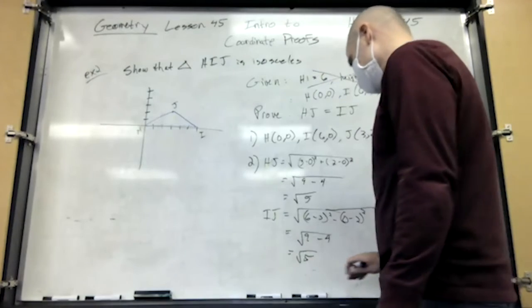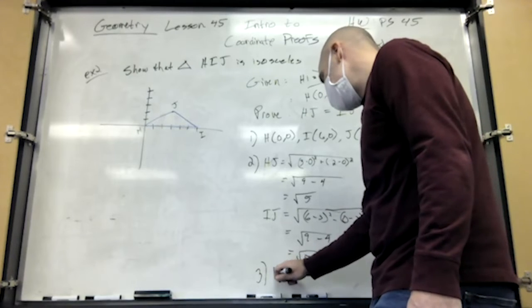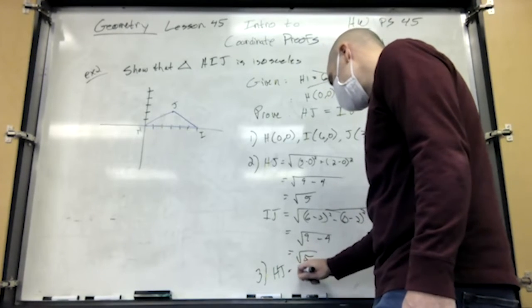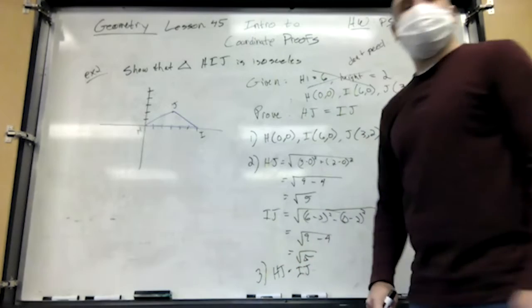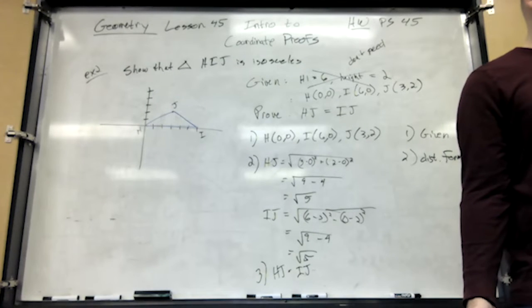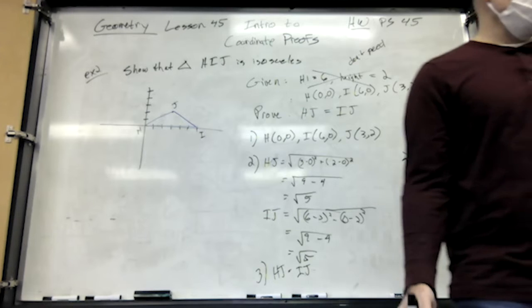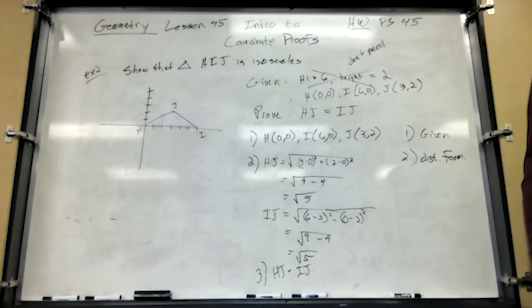So I'm going to say 3, HJ equals IJ because they both equal the same value. So if they both equal the same thing, they equal each other. What property is that? Well, not reflexive. Reflexive is like Tobin equals Tobin. Transitive, right.